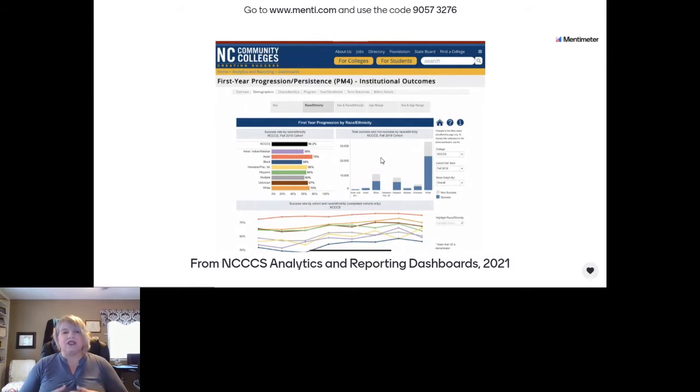Looking at this data and just pulling it together for an average, that is a huge problem in our system, and we need to learn how to address that in a fair, equitable, equal manner in order to ensure that all of our students have the same chances to progress as every student.